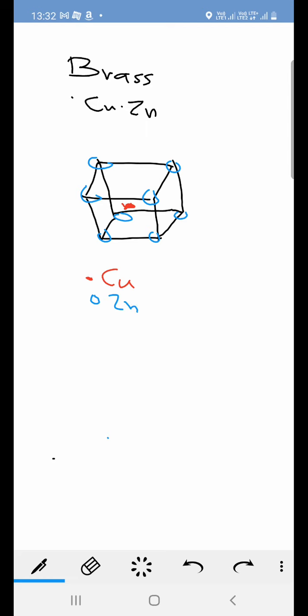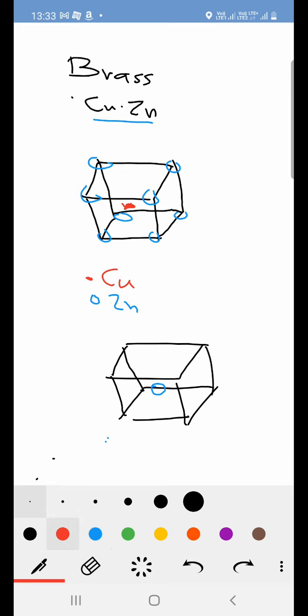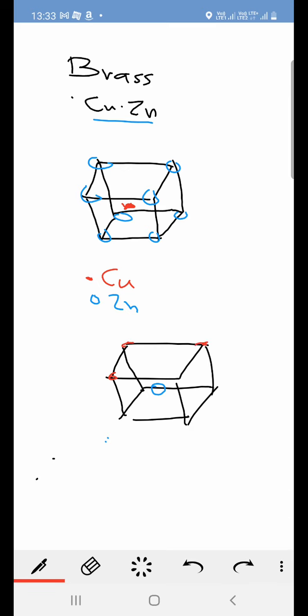This is zinc. Now, another way of representation of this brass system is if zinc is placed at the center and the copper atoms are at the corners.